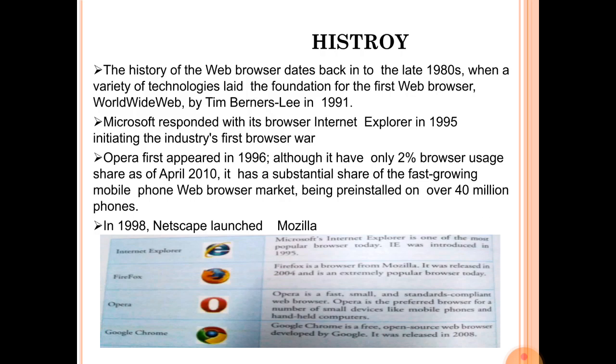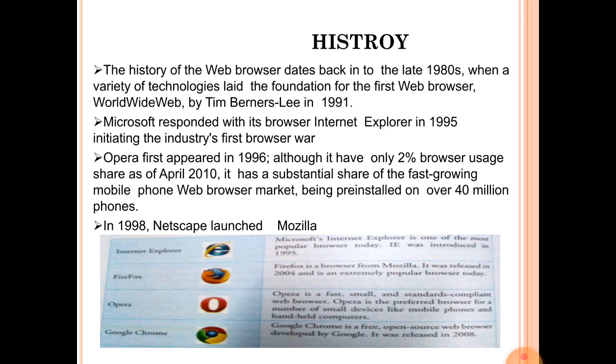History of web browser. The history of the web browser dates back to the 1980s, when the first web browser was developed by Tim Berners-Lee. Who developed the first web browser?